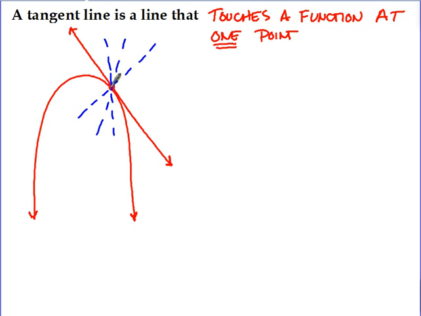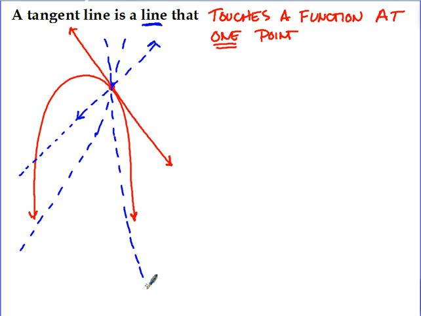Remember in geometry what the definition of a line is. A line goes on forever. So if I put arrows on these, this is eventually going to touch it in 2 places. So that's going to be a secant line. If I would extend these, eventually they're going to touch somewhere. So remember, lines do go on forever.